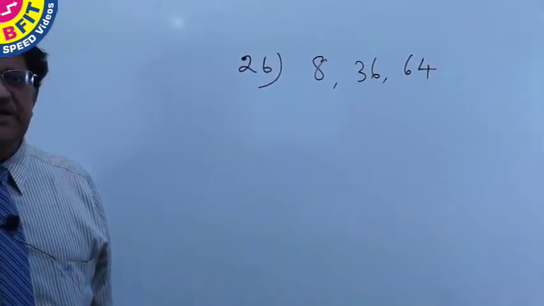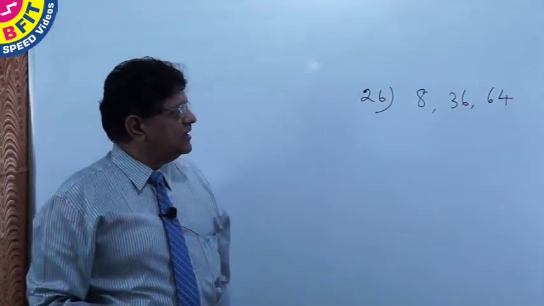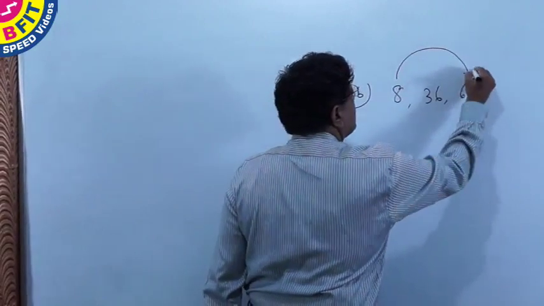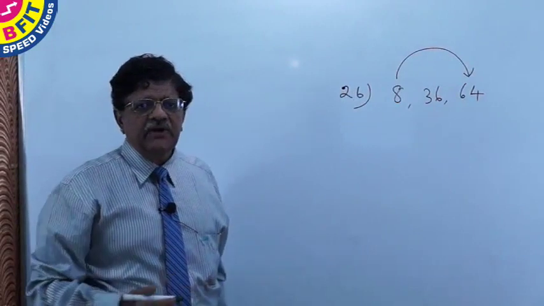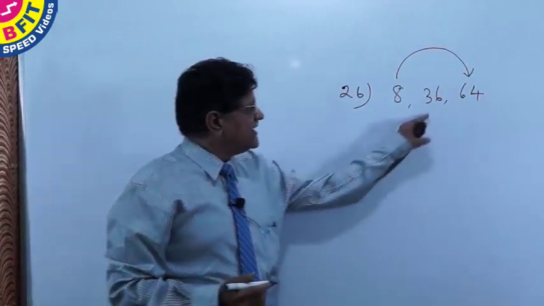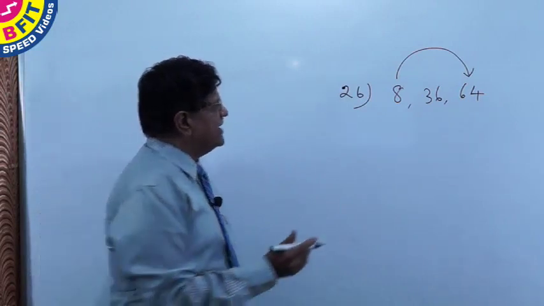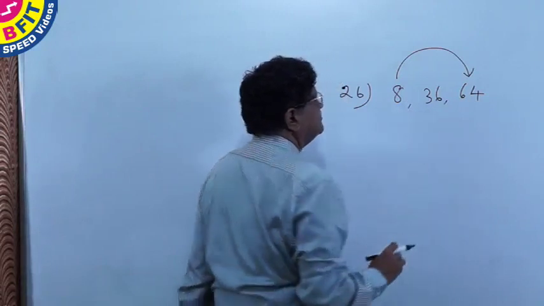We have to establish connection between these three numbers. The obvious connection is 8 square is 64 straight. There is no problem. Very easily one can detect this. Now what is 36 now? Now you will find 36 is in between 8 and 64.